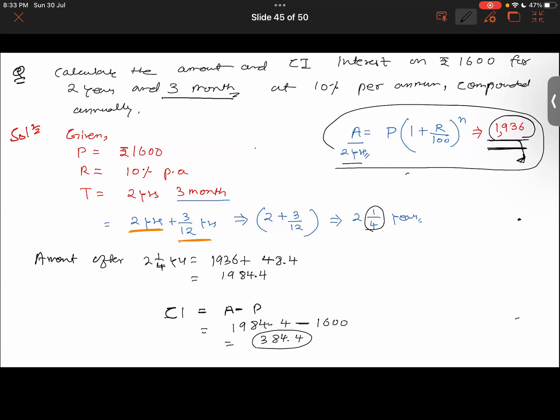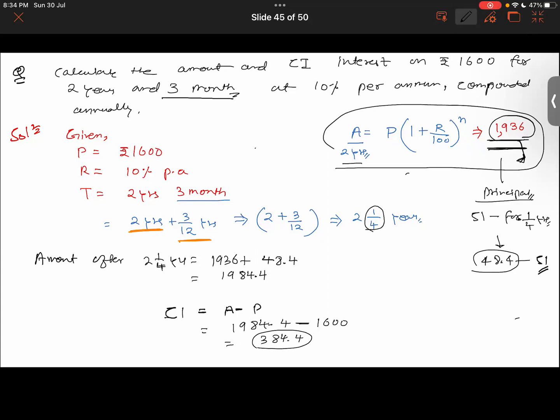Then we use this amount as principal to find the simple interest for 1 upon 4 years. Getting it? And the simple interest we calculated to be how much? 48.4.